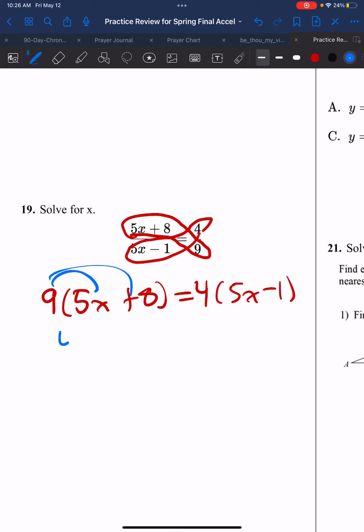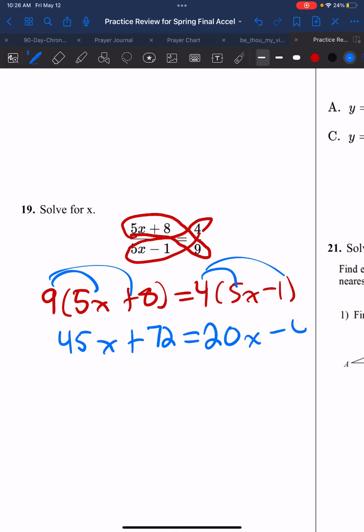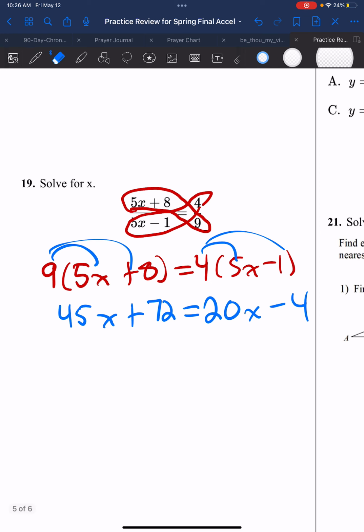So 9 times 5 is 45x plus 72 equals, distribute the 4 out. So I've got 20x minus 4. And then here, there's multiple ways you can solve this. Usually the way that I do it is I always get rid of the x on the right.